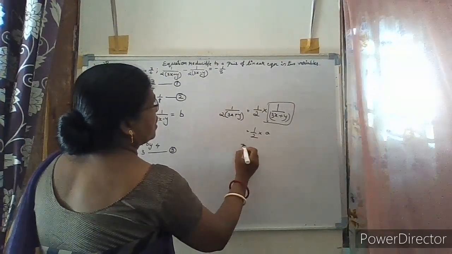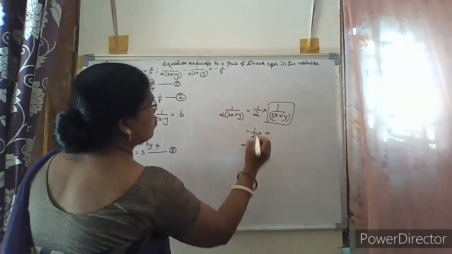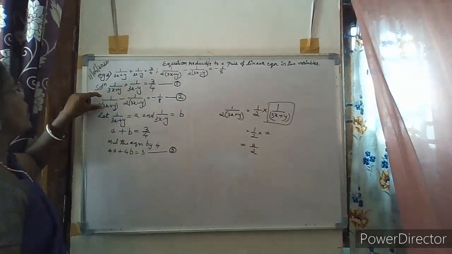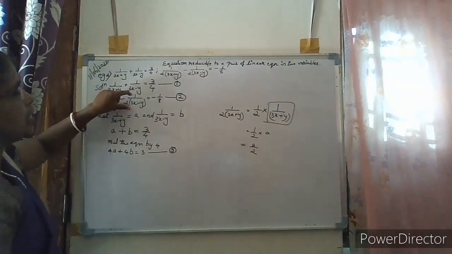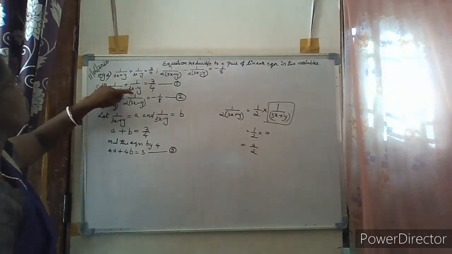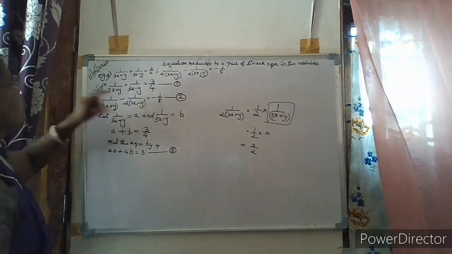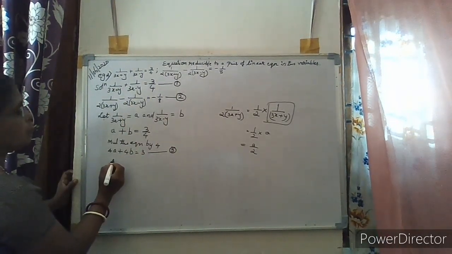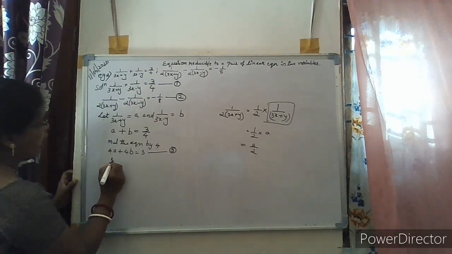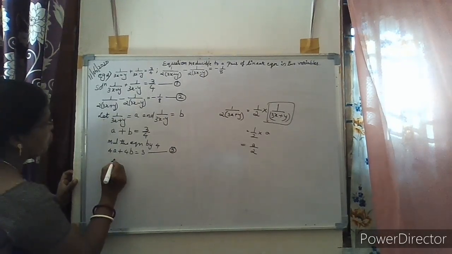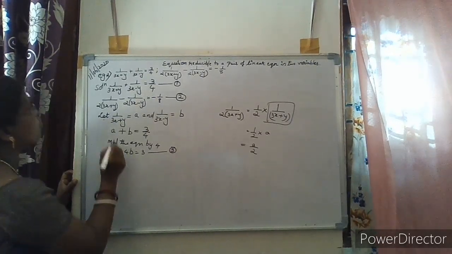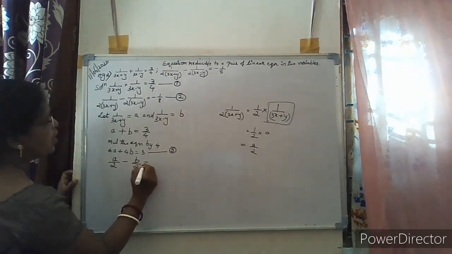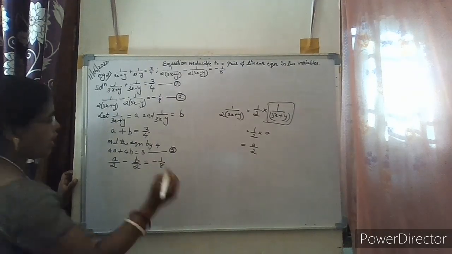So it is now a by 2 here. In the same manner, here also it will be b by 2. So therefore second equation gets converted as a by 2 minus b by 2 is equal to minus 1 by 8.